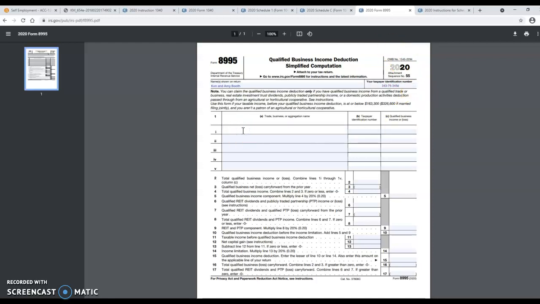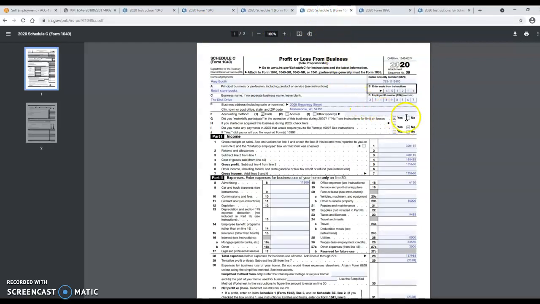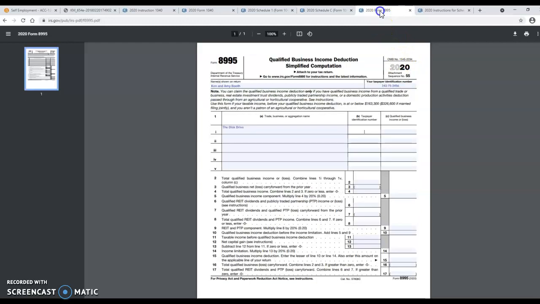Okay, the name of the business is the disk drive. Okay, and the taxpayer ID number that goes under would be either Amy's Social Security number, but it can also be this employer ID number, 27-149-8567.